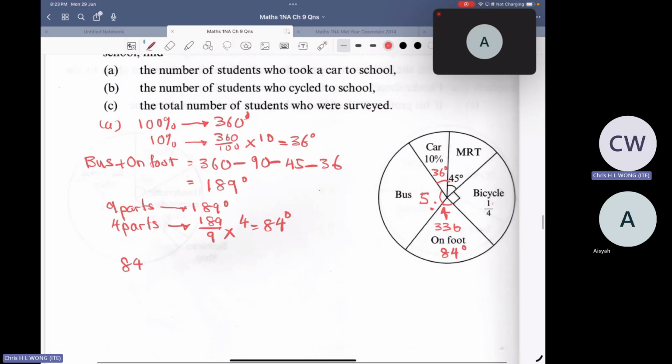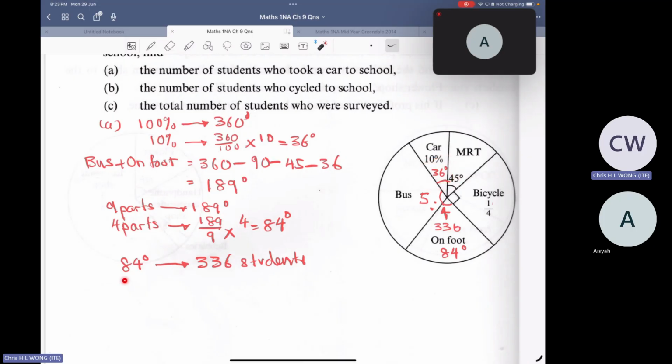84 degrees gives you 336 students. All I need to do is find how many students is 36 degrees, right?